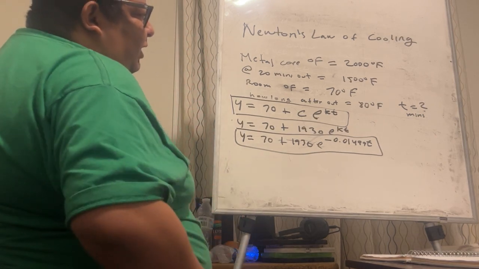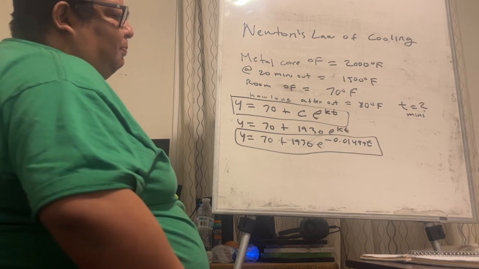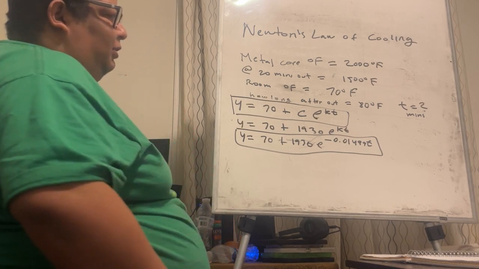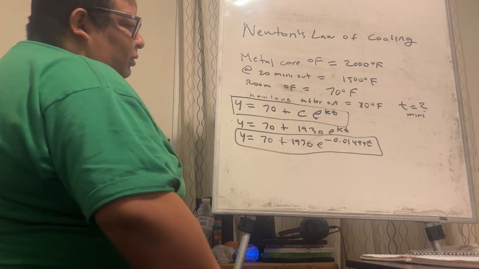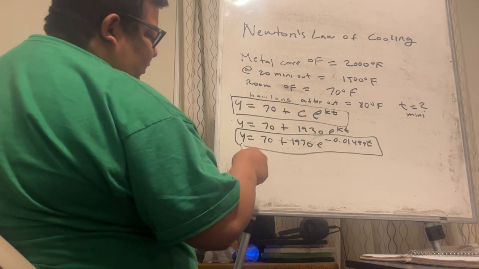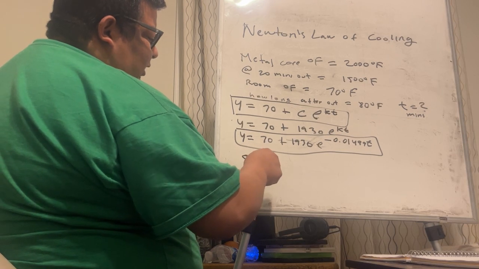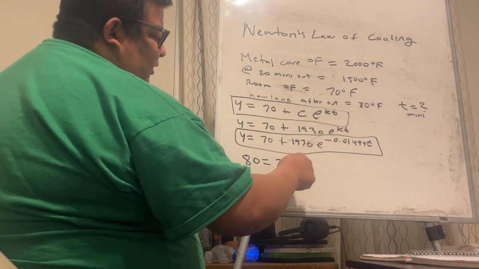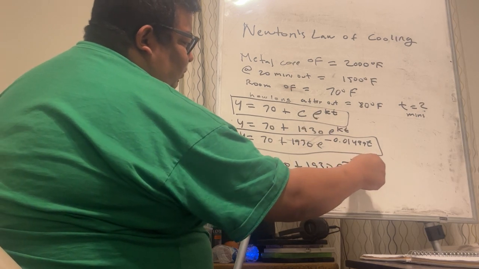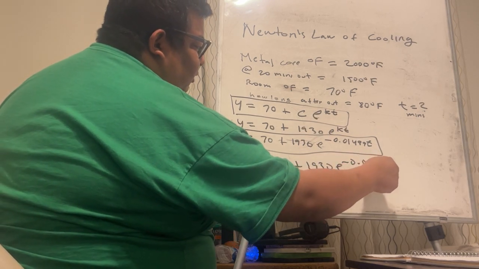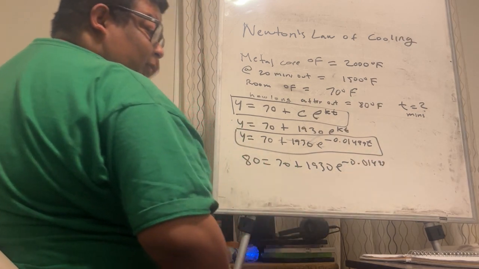If I want to find out how many minutes pass for the metal core temperature to be 80 degrees, all I need to do is plug in 80 for y. So 80 equals 70 plus 1930 e to the minus 0.01499 t.